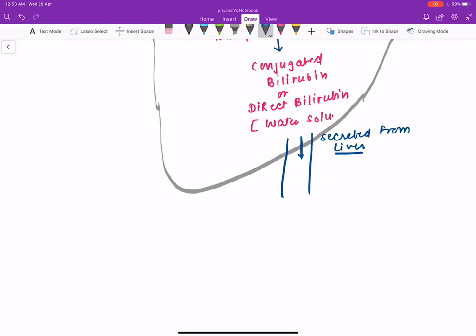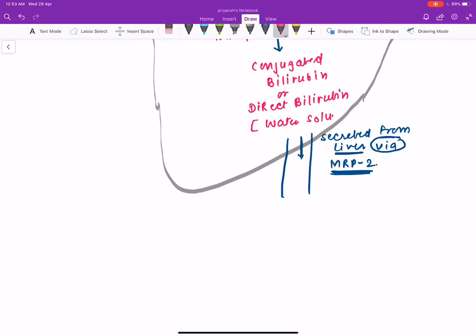we require a special transporter that is called MRP2. So I can say the direct bilirubin, or the conjugated bilirubin, is secreted from the liver via MRP2. What is the meaning of MRP2?